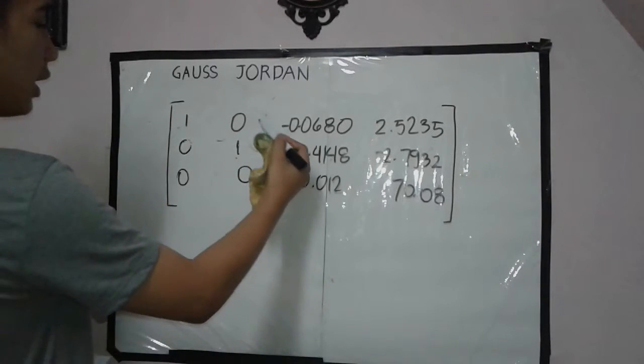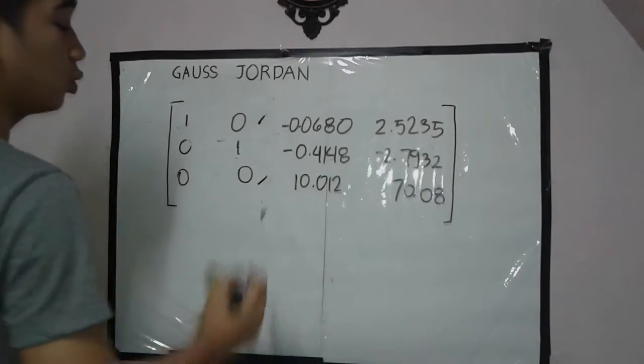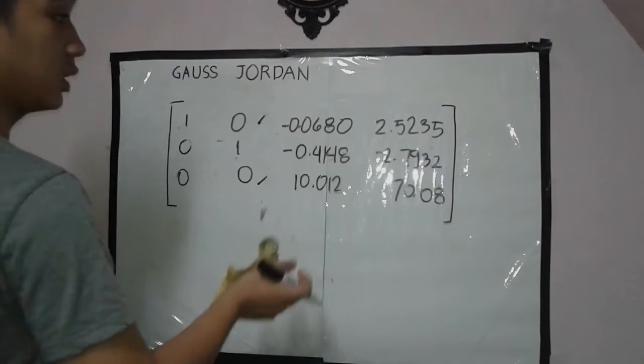You notice that your x sub 2 from your row 1 and row 3 is already 0.